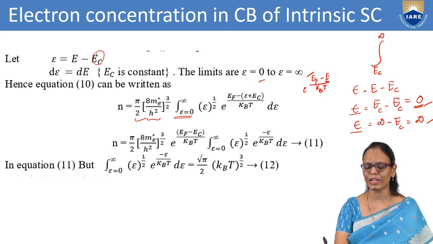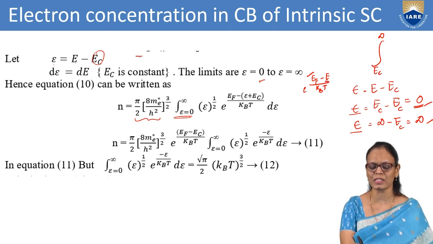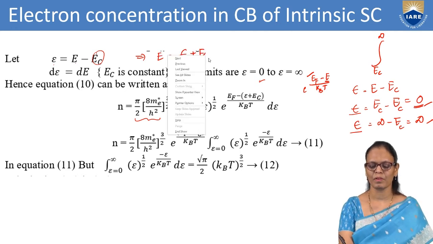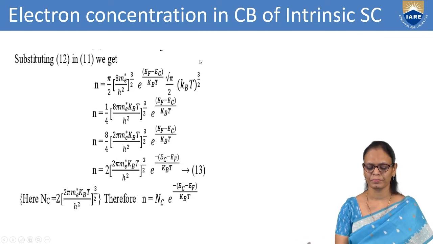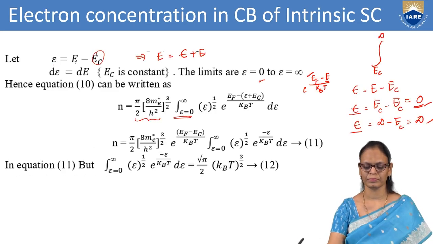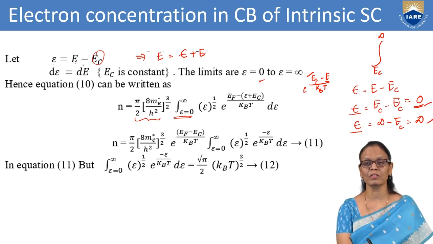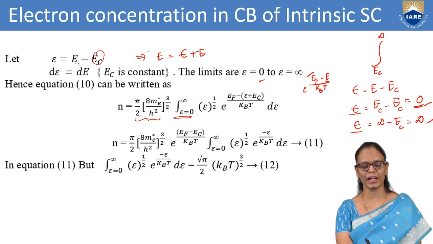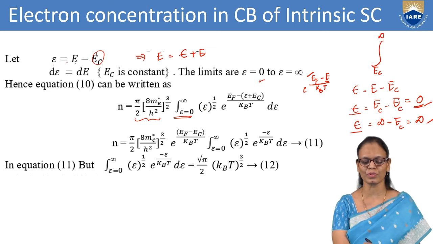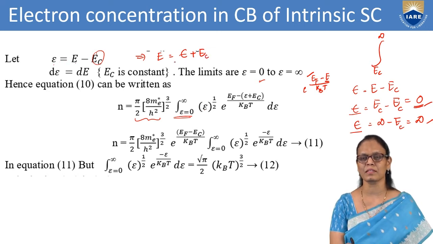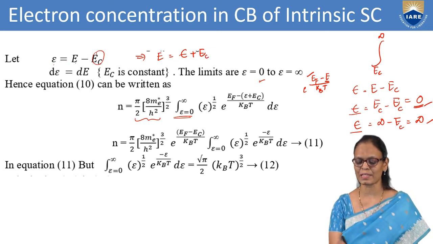Now in place of E, what I can put here? This implies E is equal to epsilon plus EC. So from this expression, epsilon is equal to E minus EC. I can write for E, taking minus EC to the other side, I get plus EC. So E is equal to epsilon plus EC.